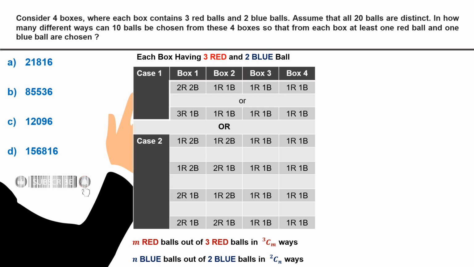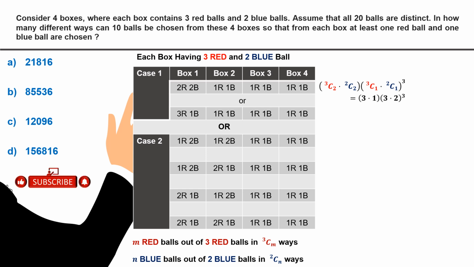So in the first case, 2 red, 2 blue, that can be done in 3C2 into 2C2 ways, and box 2, box 3, box 4 are the same case. So it will be 3C1, 2C1, 3C1, 2C1, that is 3C1 into 2C1 whole cube. This is the total number of ways of selecting or placing this set.